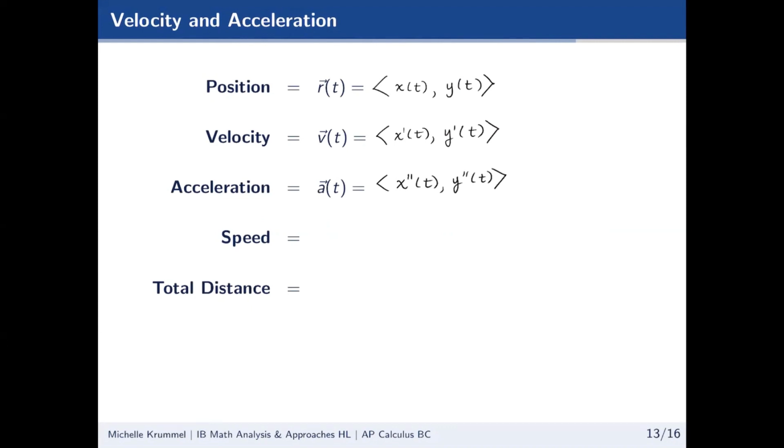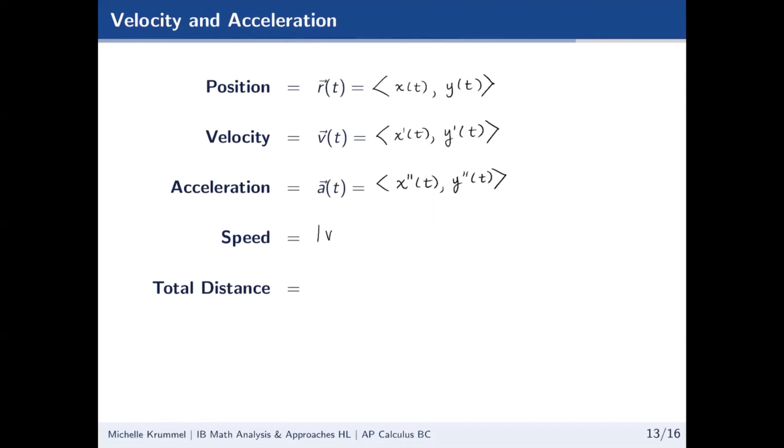Now let's think about speed. When we were working with linear motion, just horizontal motion, how did we find speed? Well, when we first started talking about motion, we defined speed as being the absolute value of the velocity. And we thought about that graphically, right? How do you take the absolute value of the velocity graph?